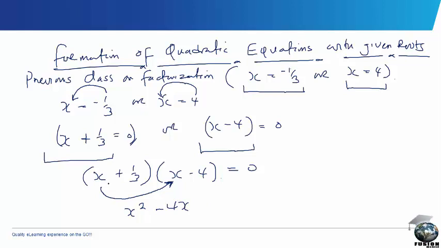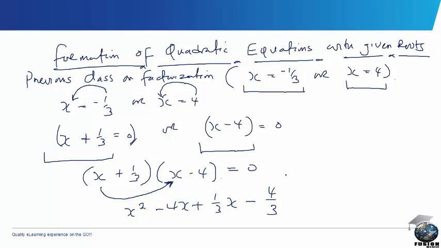Then 1 over 3 multiplies x, and so you have plus 1 over 3x. And 1 over 3 multiplies minus 4, negative times positive, you have minus 4 over 3.